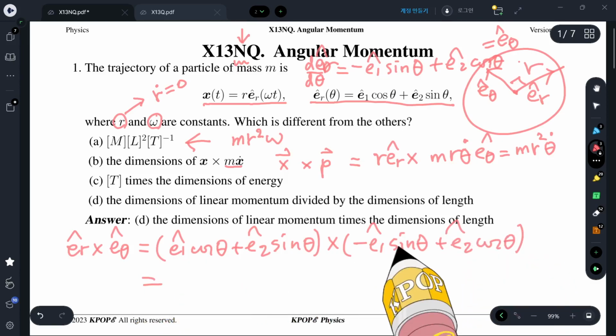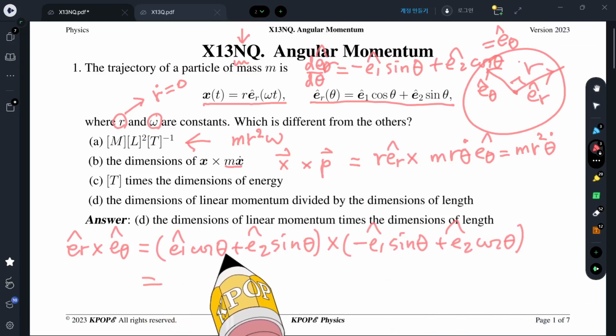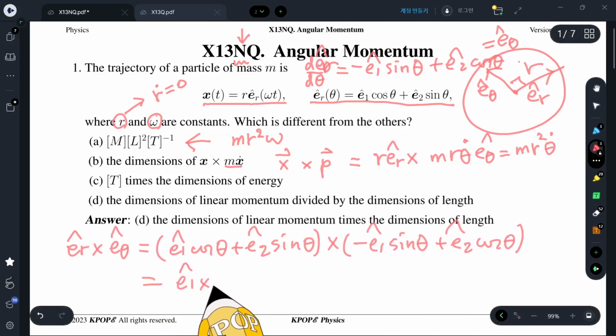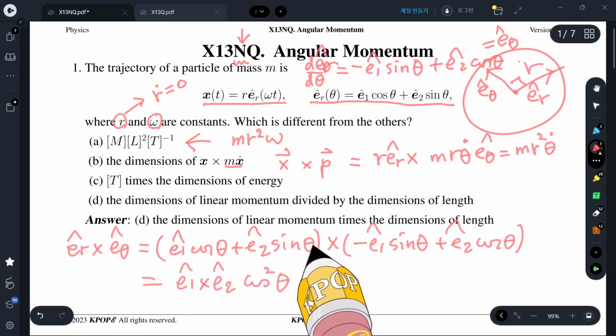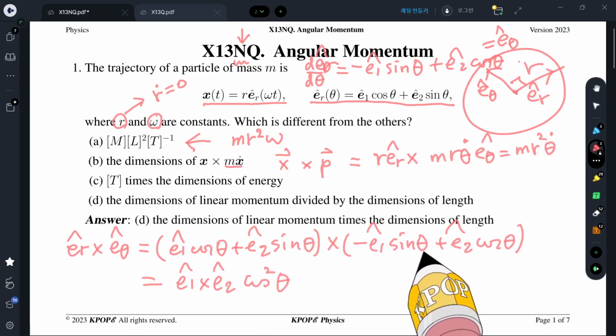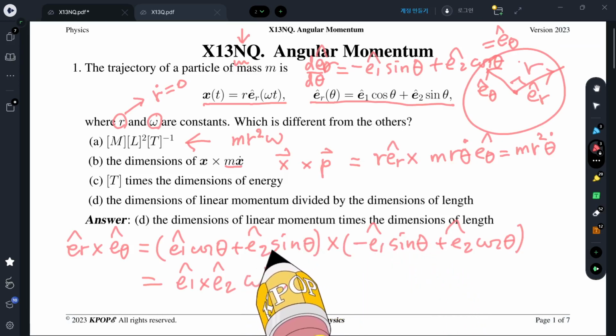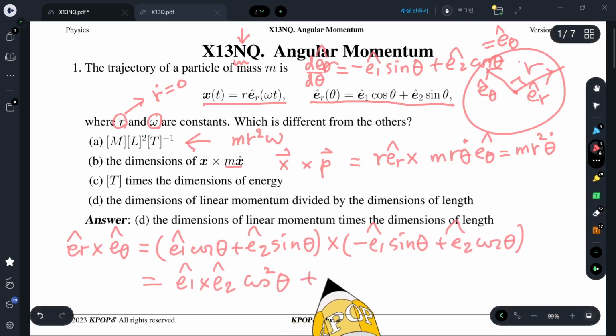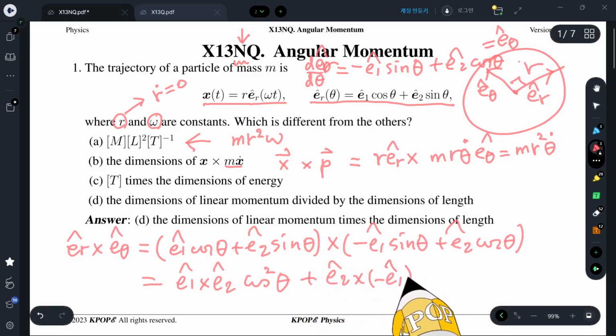Okay, 1,1 vanishes, 1,2 gives cosine square. 2,1 vanishes, 2,2... oh, no, 2,1 survives, giving sine square theta. And 2,2 vanishes.